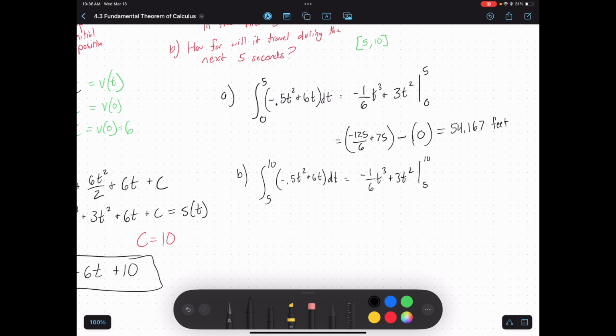If I plug in 10, I get negative 1,000 over 6 plus 300, minus, if I plug in 5, well, I already did that math. That's negative 125 over 6 plus 75. When I plug all that into my calculator, I get 79.167.